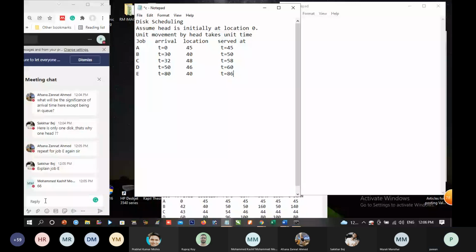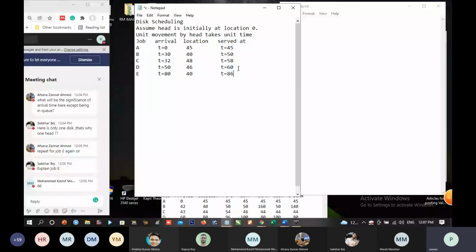You see, we are moving to location 45. It takes 45 time. From 45 to 40 we are moving. It takes 5 extra time. Then from 40 to 48 we are moving. It takes 8 extra time. Then from 48 to 46 we are moving. It takes 2 extra time.